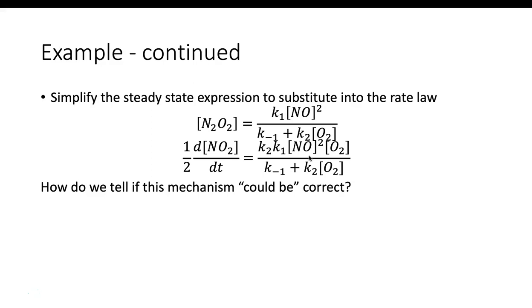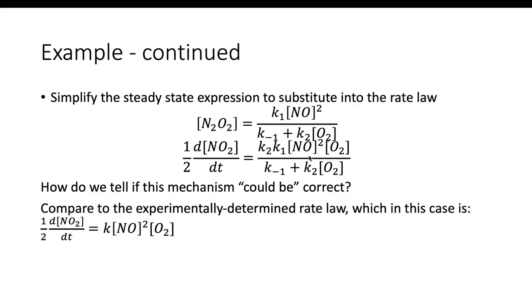So how do we know if this is the correct rate law? This is what the steady state approximation predicts, and this is where we rely on experiment. Kinetics is an experimental science, so we're going to compare to the experimentally determined rate law. In this case, the experimentally determined rate law is that the overall rate of appearance of the product is some experimentally determined rate constant, second order in NO and first order in O2.